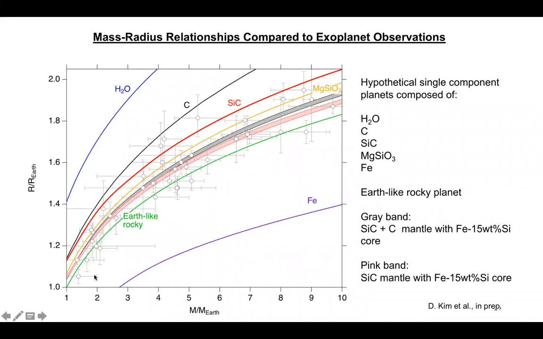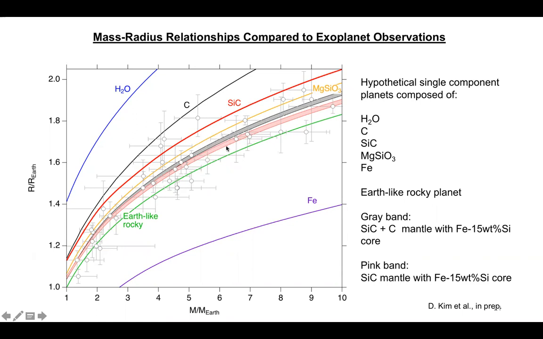An Earth-like rocky planet, with a core that's about 30% by mass, is shown by this green band. And carbon planets, based on our experimental data, are less dense than that, so we have a bigger radius for a given mass.